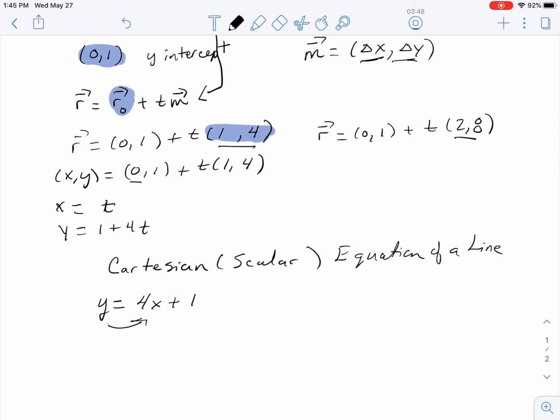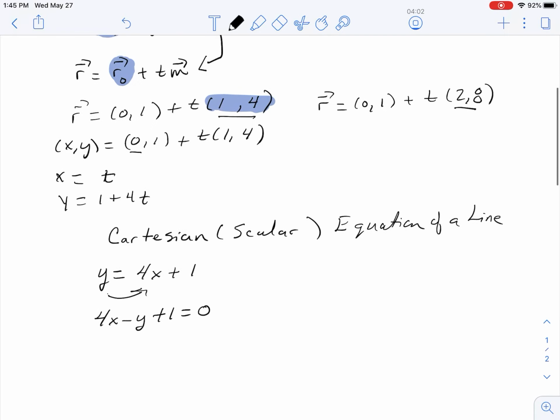You might have heard, or it's been introduced to you, that when you have everything on one side, I'm just going to balance out y and bring it over. If I balance it to the right there, I only have to worry about the y. I can do it the other way also. But when you have everything in this form, ax plus by plus c equals 0, in a previous course that was introduced to you as standard form of the line.